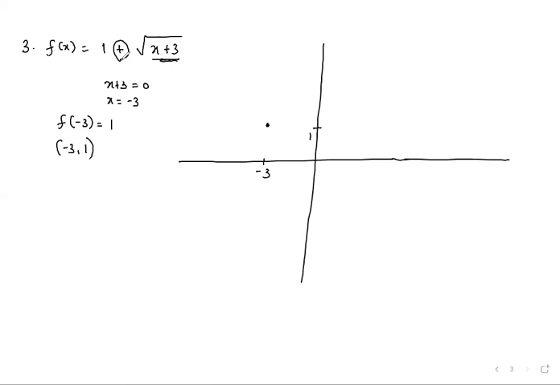There will only be a y-intercept, where I substitute a 0 for x. So I have 1 plus the root of 0 plus 3, which is equal to 1 plus the root of 3. Meaning I'll have a graph there. This is 1 plus root 3, like that.